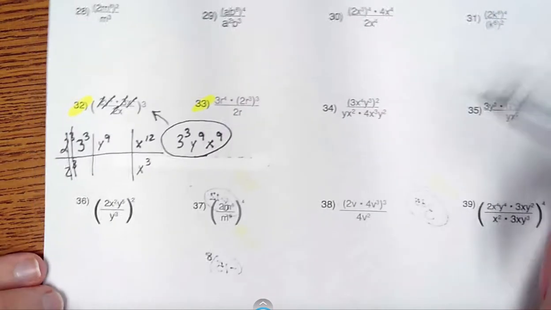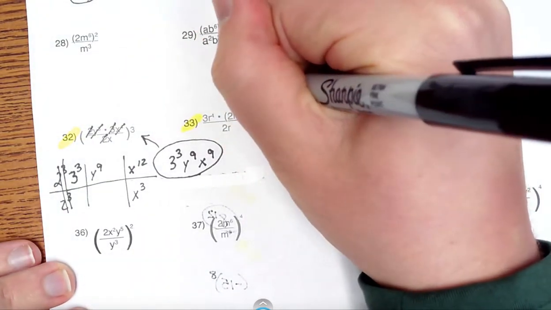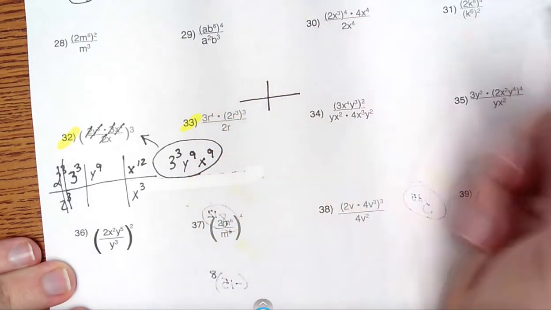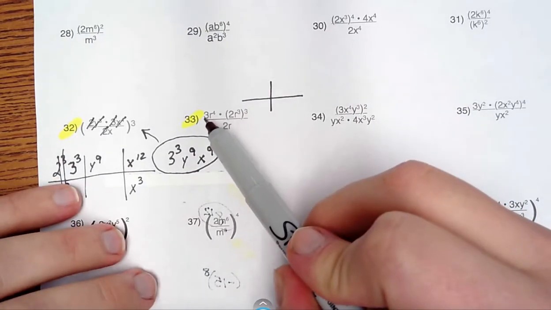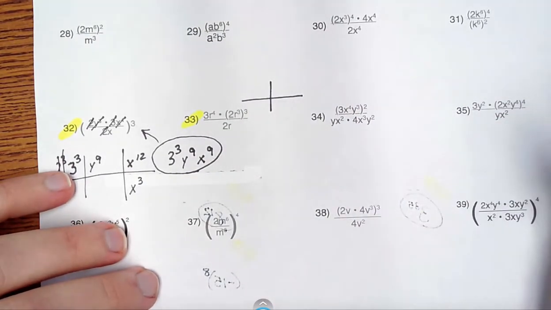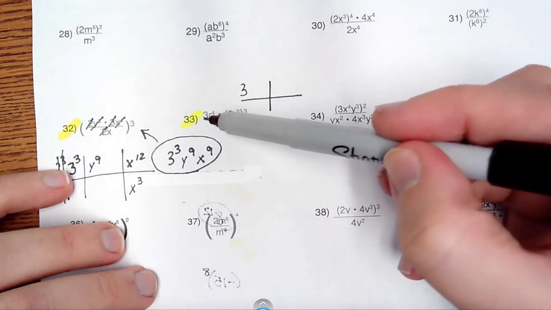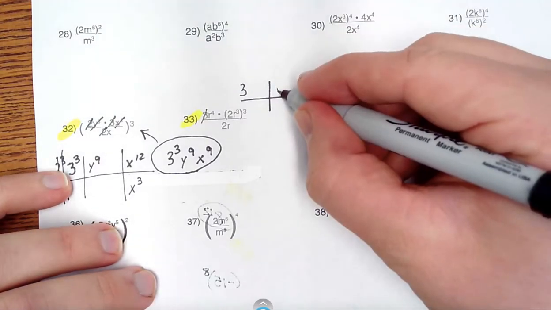All right. And the last one I'm going to do is number 33. I'm going to do it right here on the side. I just have numbers and r's, so I just need 2 spaces on this one. I'm going to start with 3. There's no parentheses, no other exponents, so I just have 1 3. R to the 4th, no parentheses, no other exponents, so I just write down r to the 4th.